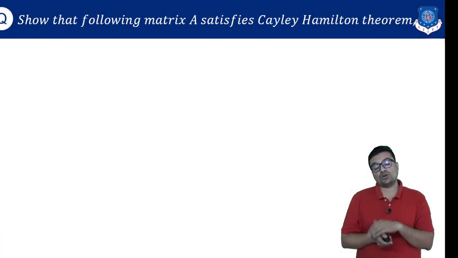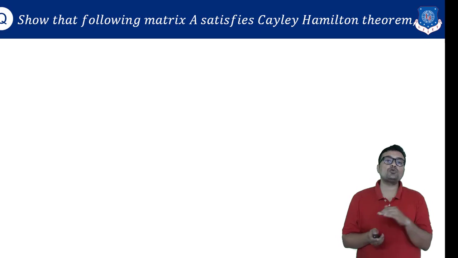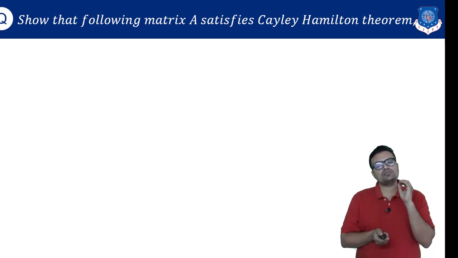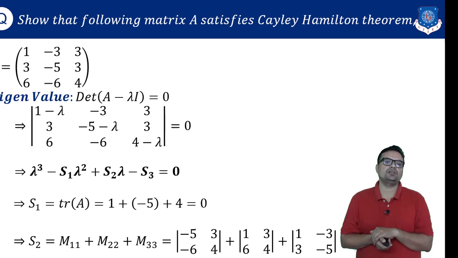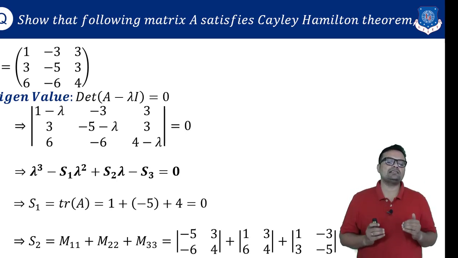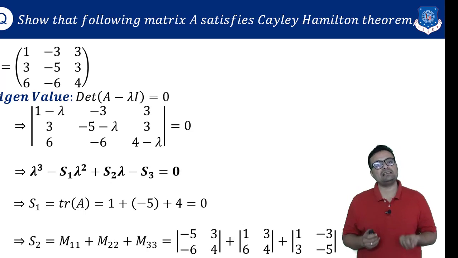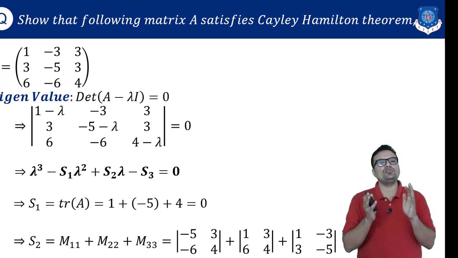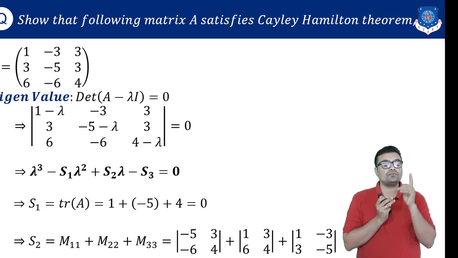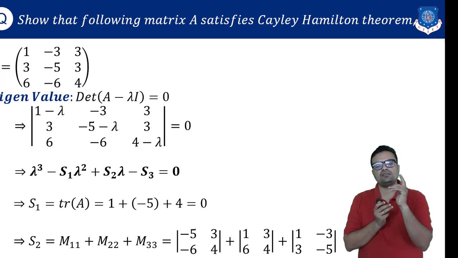The question is this: show that the following matrix A satisfies the Cayley-Hamilton theorem. Remember one thing, all square matrices will always satisfy the Cayley-Hamilton theorem. Now let me come to the matrix A: 1, 3, 6, minus 3, minus 5, minus 6, 3, 3, 4. I want to find whether it is satisfying the Cayley-Hamilton theorem or not, and for that my first step is to find the characteristic equation.